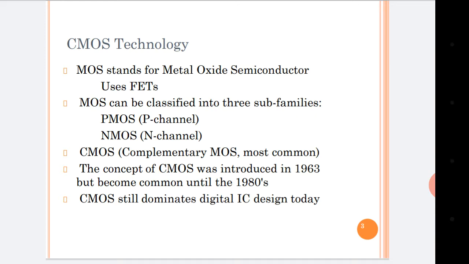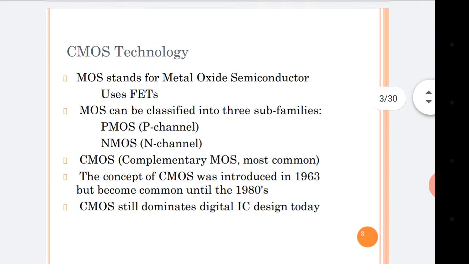The concept of CMOS was introduced in 1963 but did not become common until the 1980s. CMOS still dominates digital IC design today.